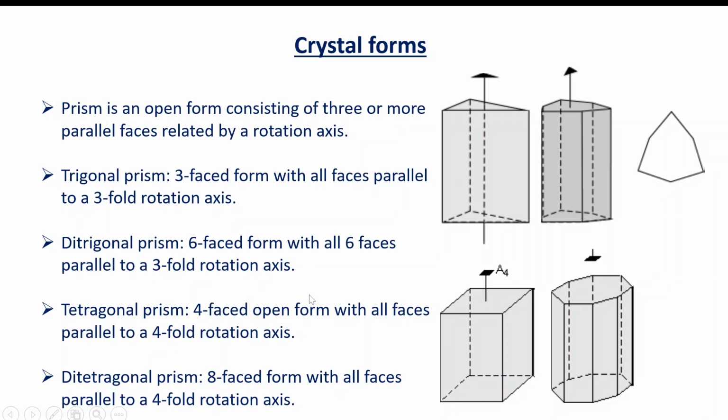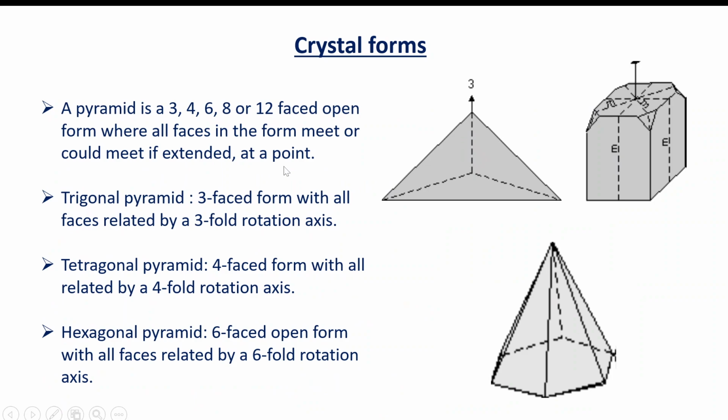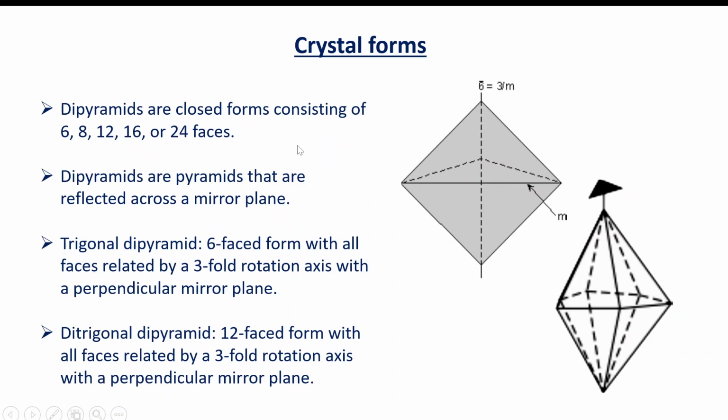But do remember, prism faces are parallel faces like this, and pyramidal faces are inclined and intersecting faces. In most crystals you will find a combination of the two, and they will enclose some 3-dimensional space, and that will ultimately give you, in totality, a closed form.